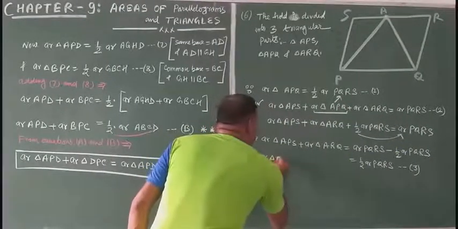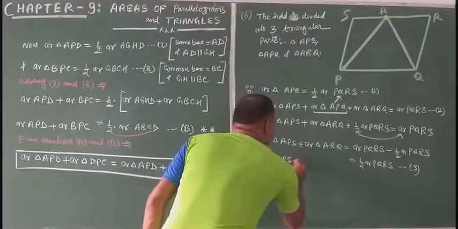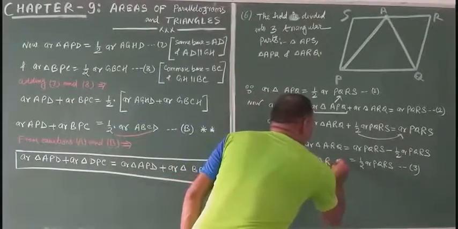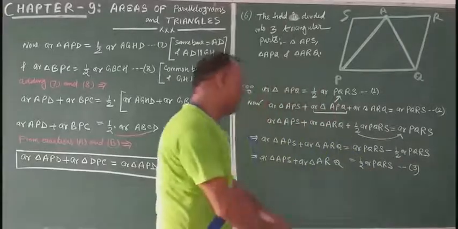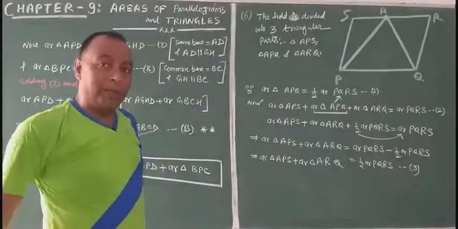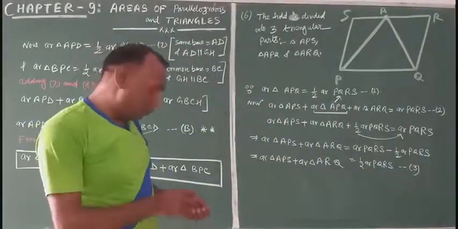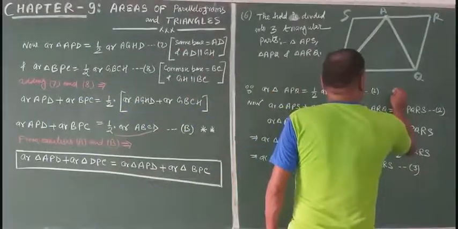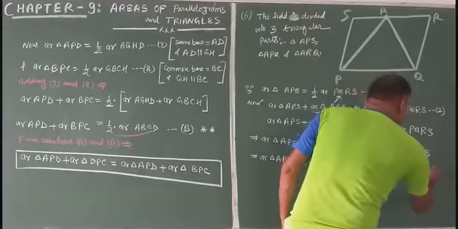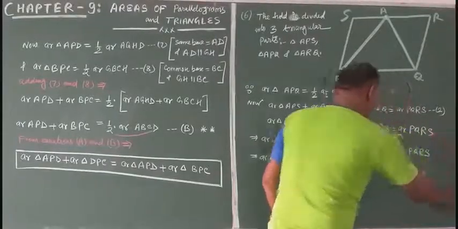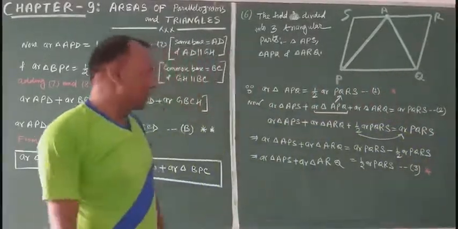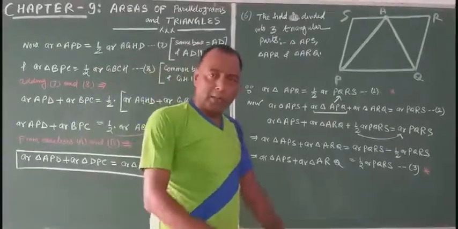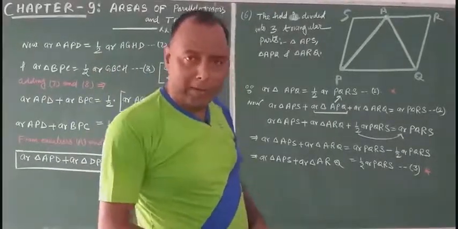Area of triangle APS plus area of triangle ARQ is half of the area of the parallelogram PQRS. Now just look here. This equation number 1 and equation number 3, just look at their right hand sides. The right hand sides are equal. Therefore, the left hand sides will also be equal.